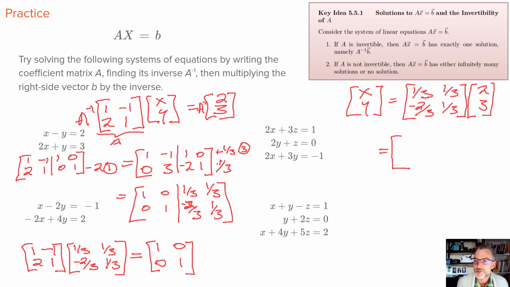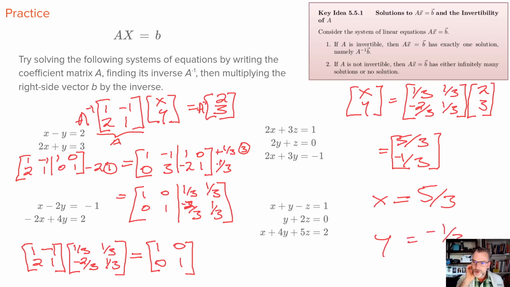Okay. So I'm going to multiply this. I got 2/3 plus 1, so 5/3. And then minus 4/3 plus 1 is minus 1/3. Okay, so what this says, if I reinterpret this as a system of equations, I found my x and my y.